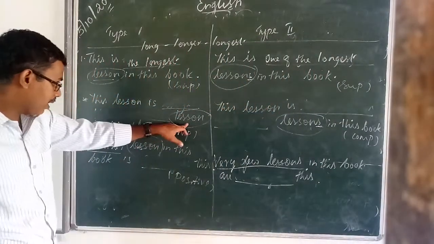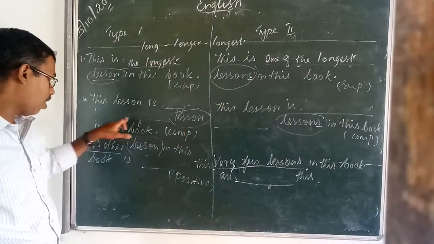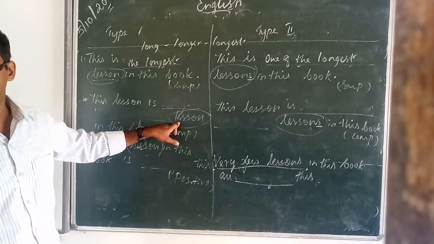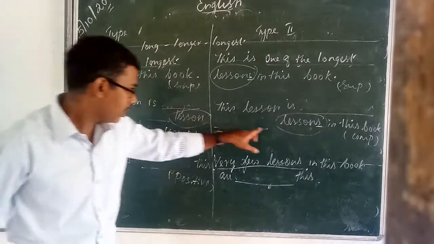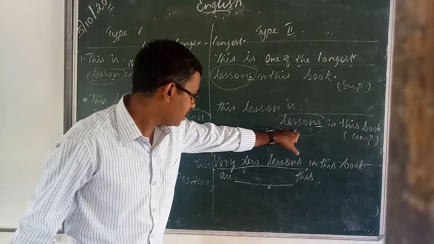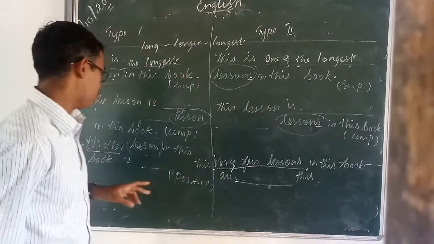Then here, lesson means you have to use longer than any other. Lesson means you have to use longer than any other. Here, lessons means longer than many other or most other.